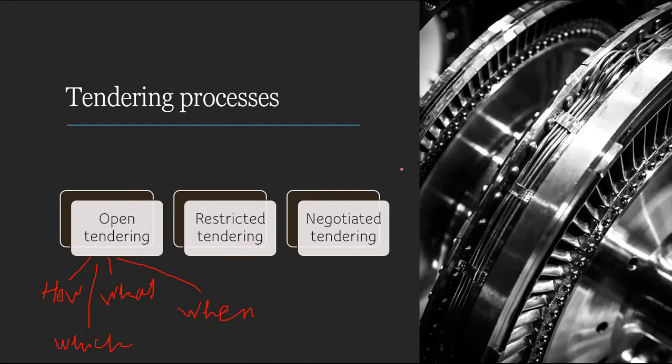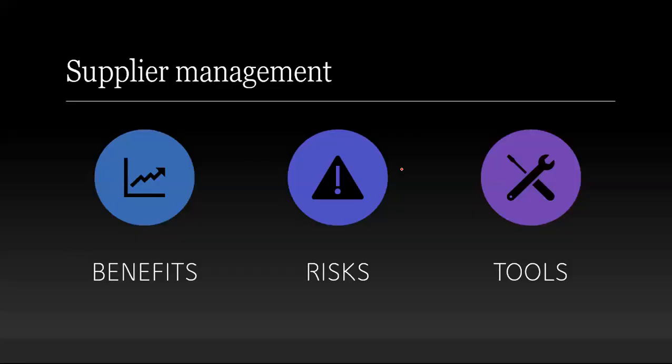We move on as a topic in question 1. The final topic I want to talk in question 1 is supplier management. Regarding this topic, we might have the questions on the benefits and the risks and the tools for supplier management.